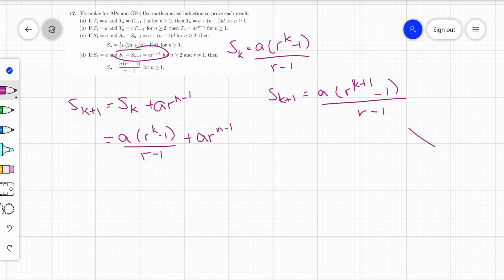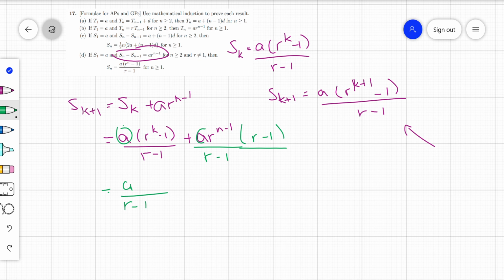Remember, we're trying to get it to look like that, and that has an R - 1 as a denominator, so if I put R - 1 here and multiply by R - 1, I've now got a nice denominator of R - 1, and I also have an A in both of those in common.